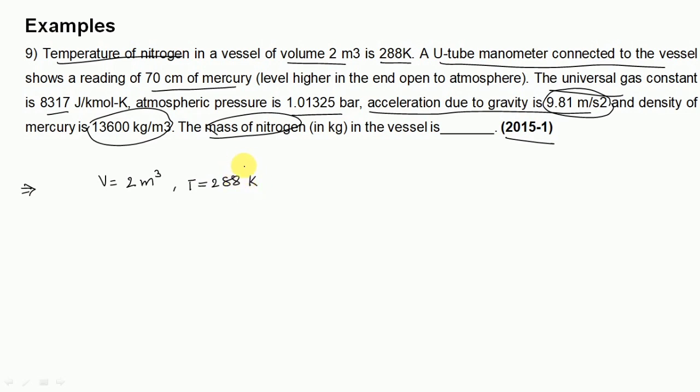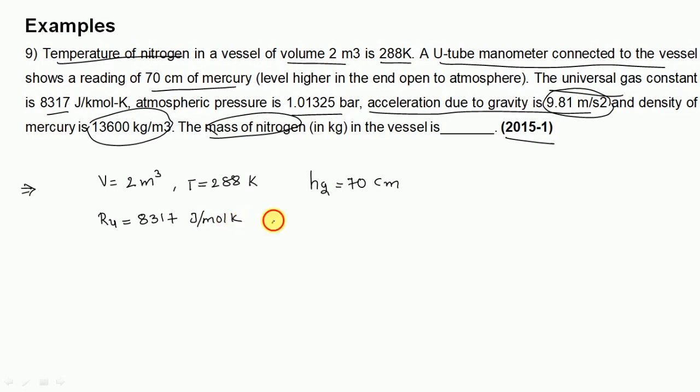Then we write the height of the manometer, which is given, and its value is 70 centimeters. Write over here the height of gauge, it is 70 centimeters. Then Rg, the universal gas constant, is given, and its value is 8317 joule per mole Kelvin.